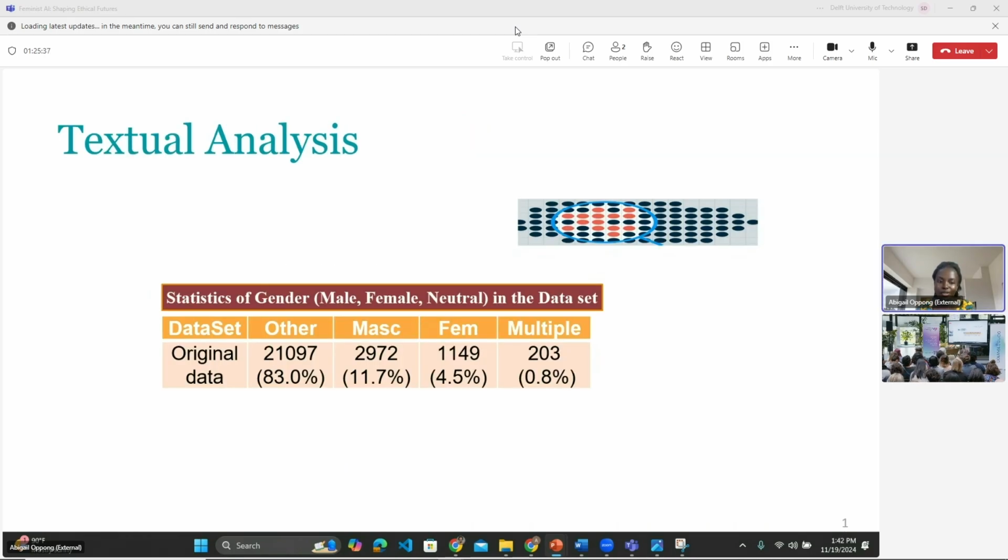Back again to the statistics of the data set. I did textual analysis to group the data set into masculine or feminine, and this was the statistics. I realized that there were more sentences on the masculine side and fewer sentences on the feminine side.